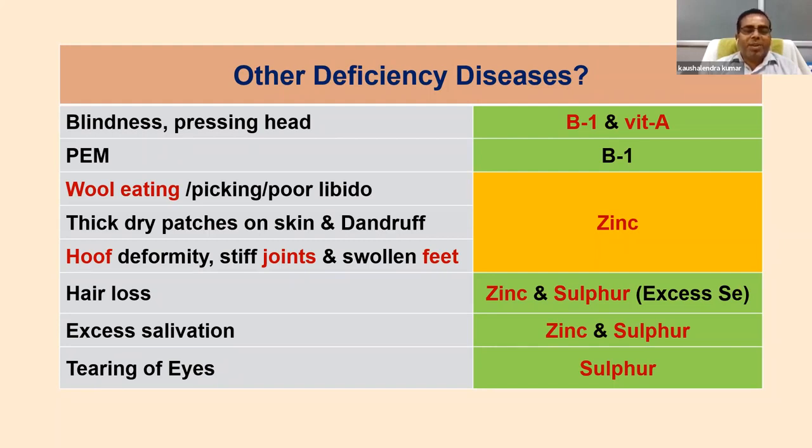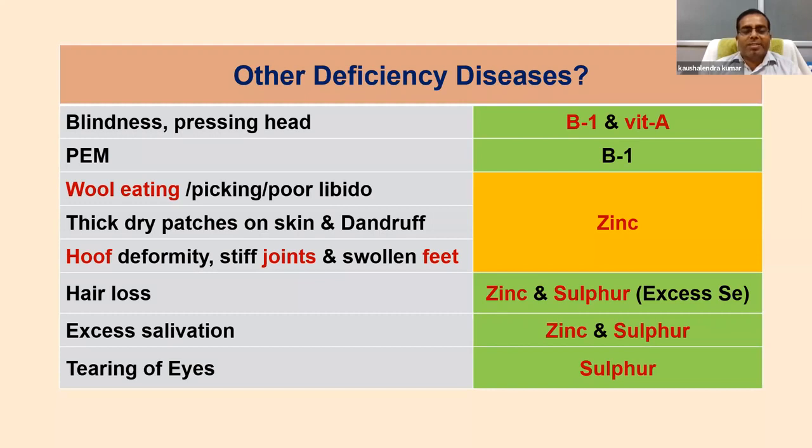Wool eating, even picking, and poor libido condition in males will happen due to deficiency of zinc. A skin related problem, dandruff condition, patches on the skin in sheep and goat both. This might happen due to deficiency of zinc. Even hoof deformity, joint problem, swelling of the feet.